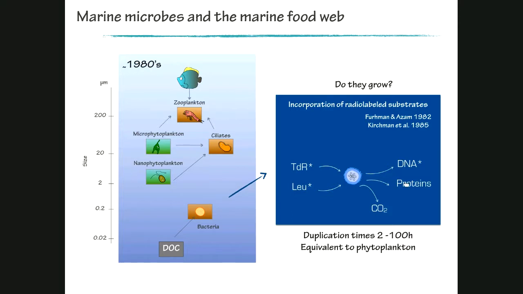But basically, what it allows is to estimate the duplication time and the growth rate of microbes. With this method, which is still known nowadays as the bacterial production method, they realized that the duplication times of bacteria were in a large range from 2 to 100 hours, but they were equivalent to phytoplankton.